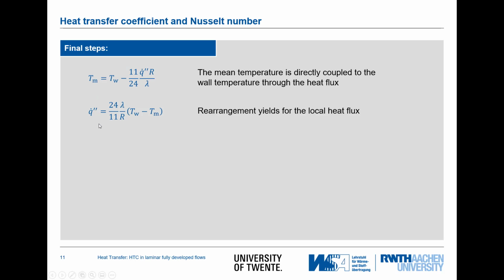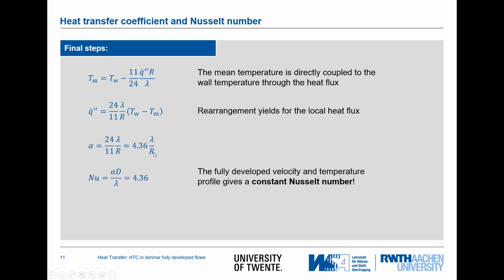If we rearrange this, we have the equation q dot double dash is a factor times T wall minus Tm. This factor is the heat transfer coefficient, so we can replace it by alpha, and alpha is now 24 divided by 11 times lambda divided by r, so it's 4.36 lambda divided by the radius.